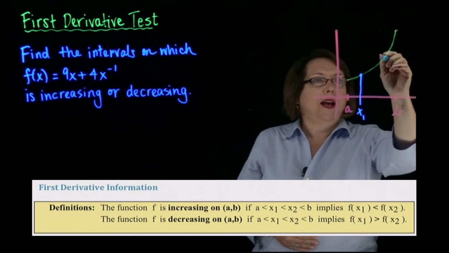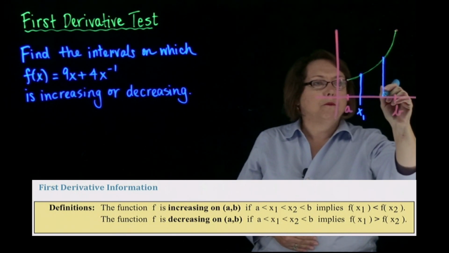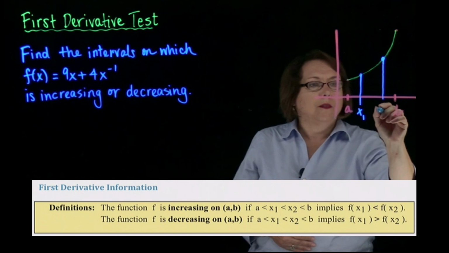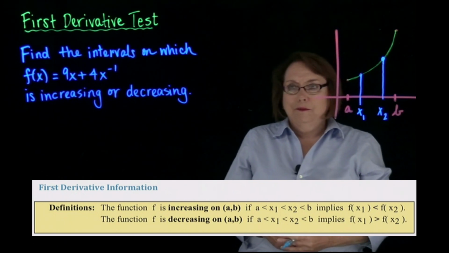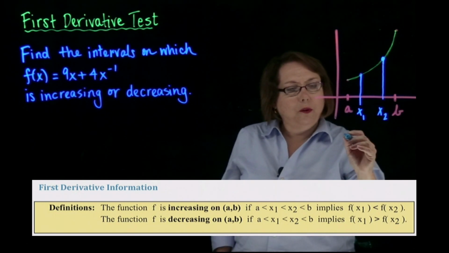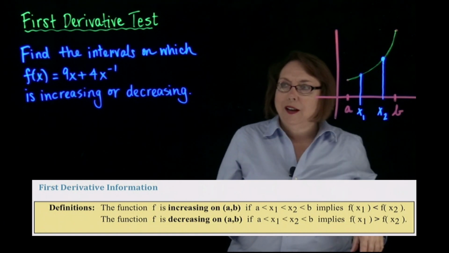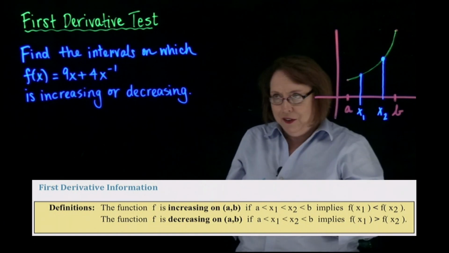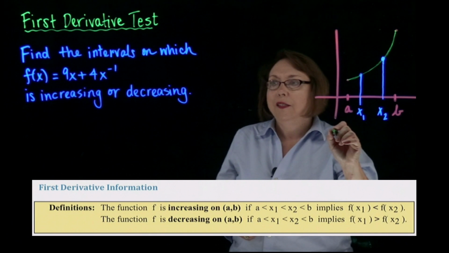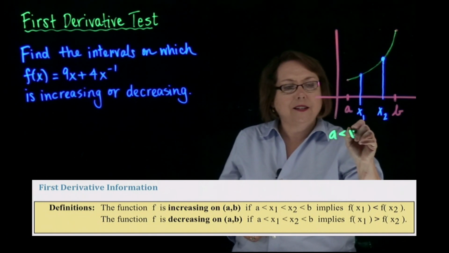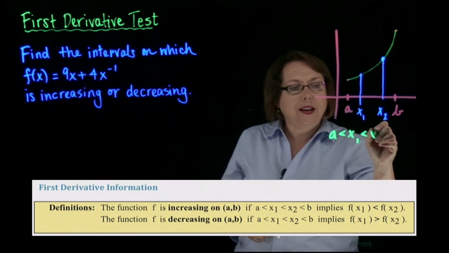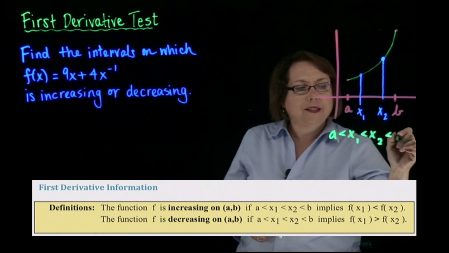And let's say we have x sub 2 right there. This would hold and would be consistent with what you see in the definition, that a is less than x sub 1, is less than x sub 2, is less than b.